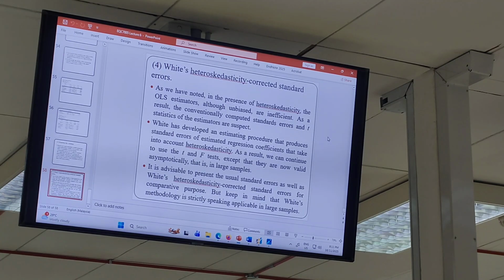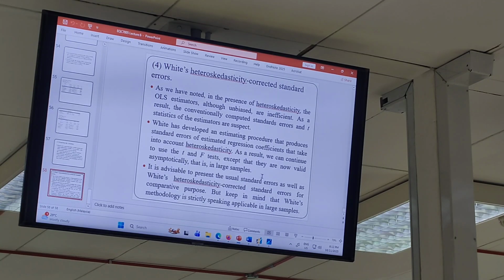White has developed an estimating procedure that produces standard errors of the estimated regression coefficients that takes into account heteroscedasticity. As a result, we can continue to use the t and F tests, except that they are now valid asymptotically. Theoretically, there is a large sample.